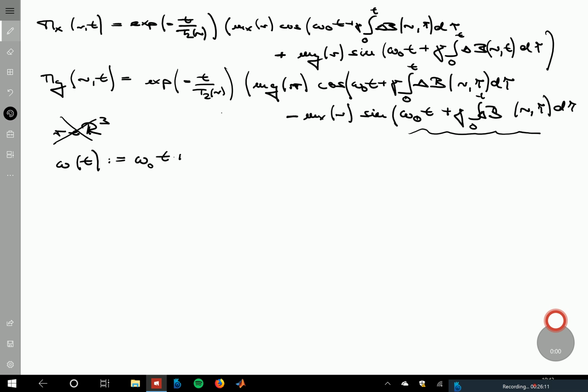So this we just summarize as omega 0 t plus gamma times our field, where we also suppress the dependency on R and only keep the tau in. Yeah. So essentially, we just summarize this business here as omega t, so that we don't have to write that much.